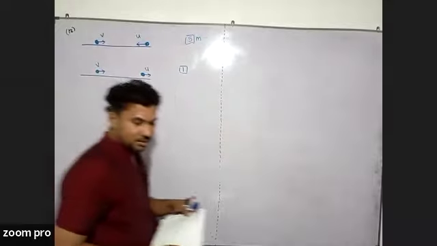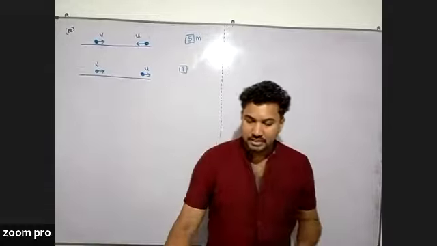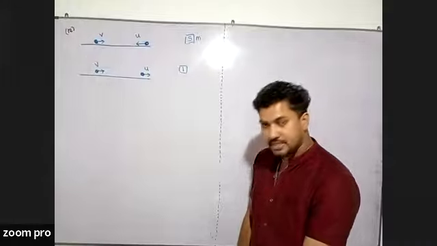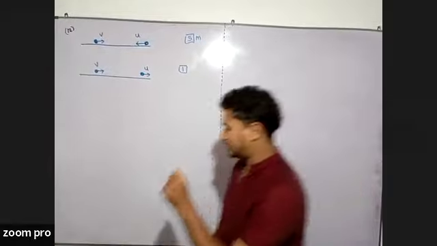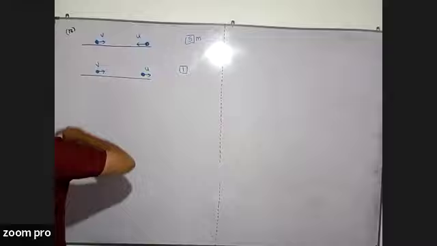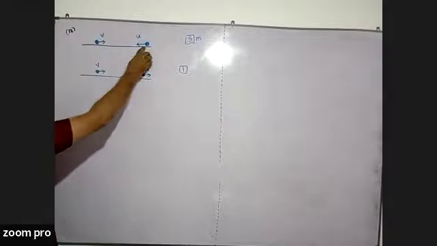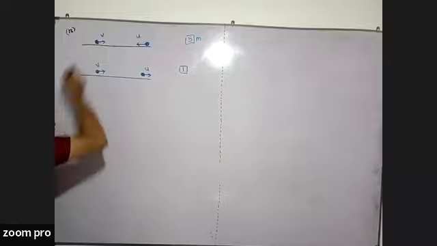Right. Okay, let's consider this one in a very simple way. Let's assume the velocity of this object is v, and this one is u.